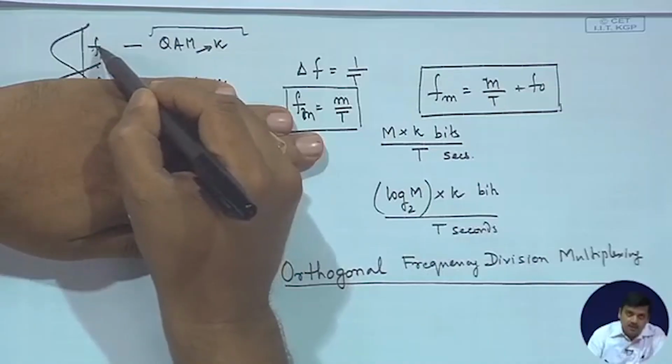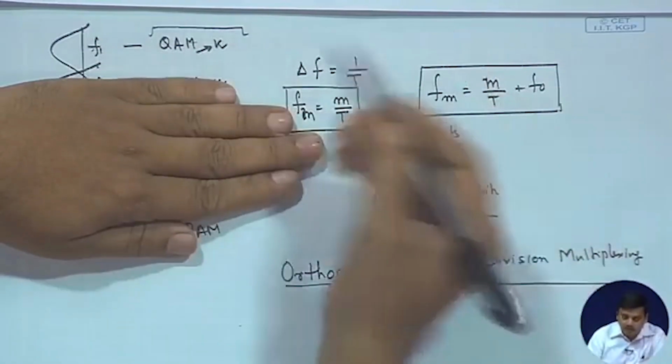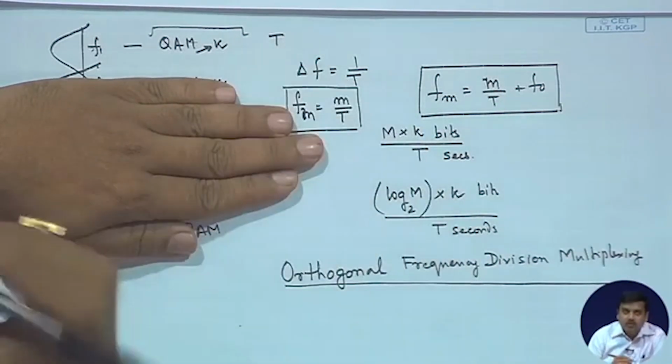So, we would just like to send across the message that in OFDM you have the standard frequency division multiplexing, where each frequency carries some message signal by means of, let us say, quadrature amplitude modulation, and the neighboring frequency is selected in a way that the frequency separation is equal to 1 upon the symbol duration for the QAM. So, that means it is very simple to remember. You have any one frequency, and this particular frequency is doing QAM, whatever you have studied for QAM, there is no problem with this, and t was the symbol duration.